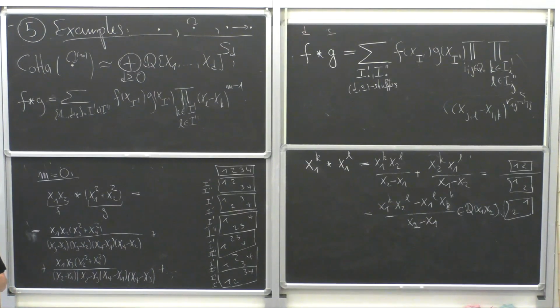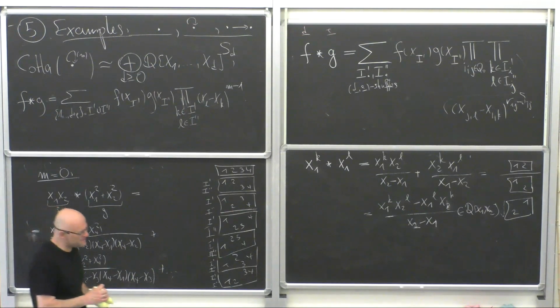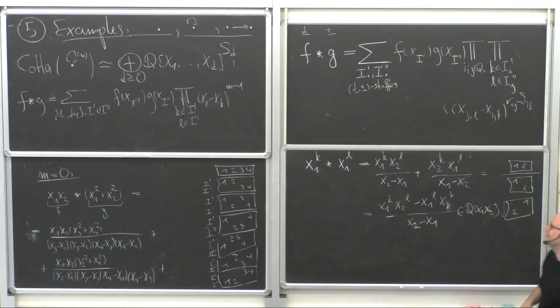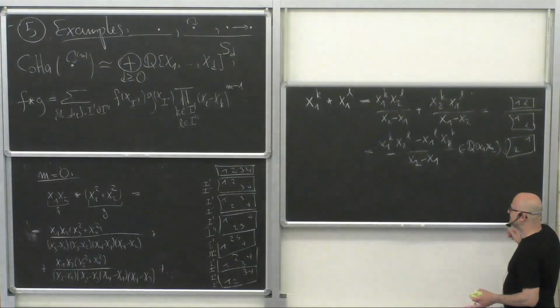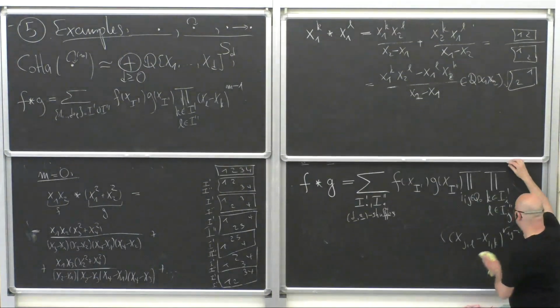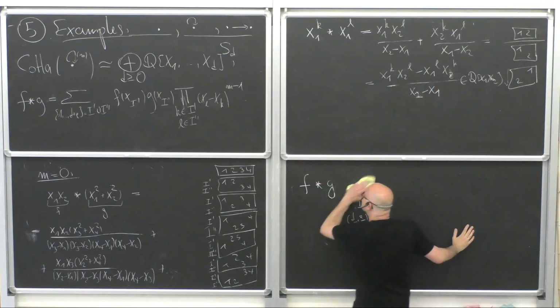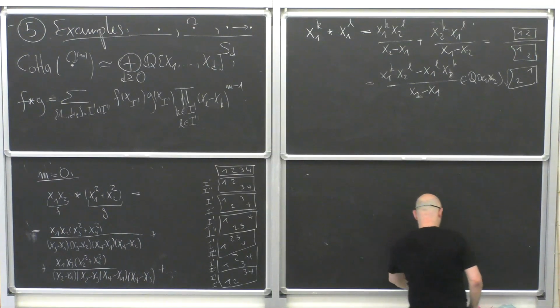I told you that for today and for performing calculations, you better look up some properties of symmetric polynomials. Now I will show you the properties of symmetric polynomials you need. So what do we need to know about symmetric polynomials?